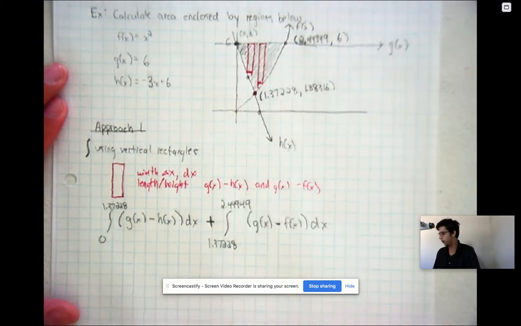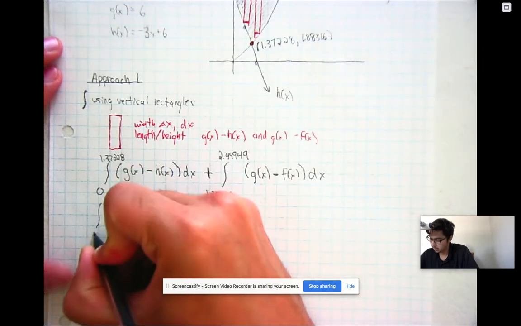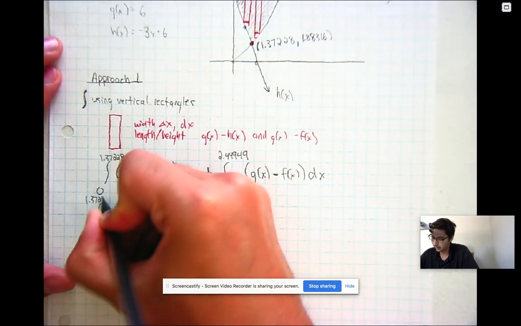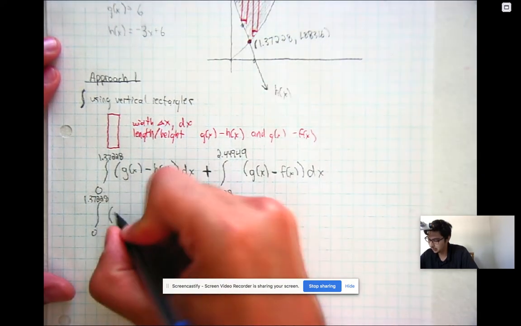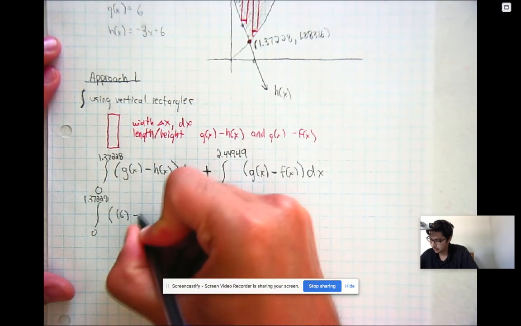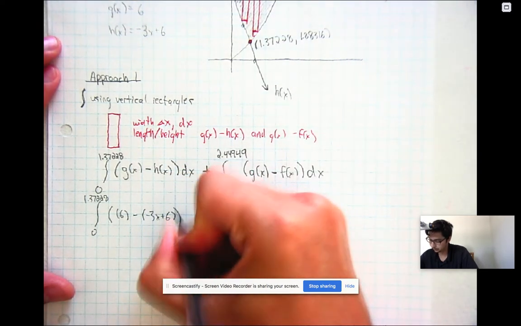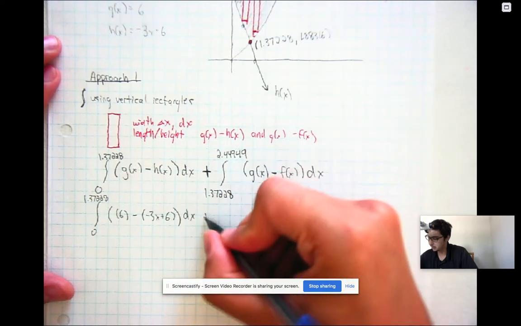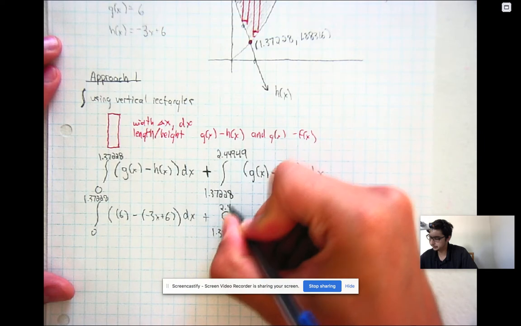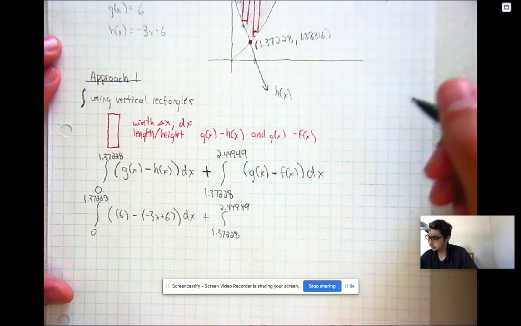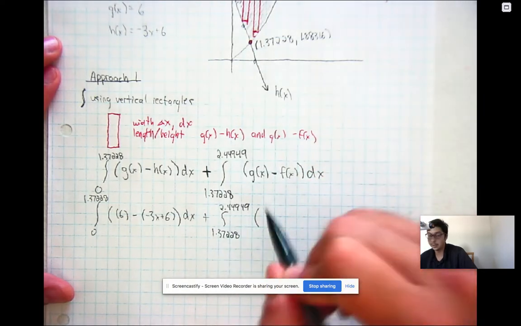Okay, and now we want to put this in our calculator and have it calculate for us. So this is what's going in my calculator. Again, I like to write it out so I know how many parentheses to use. g of x is 6, so it's 6 minus negative 3x plus 6, plus this integral. I was making sure I wrote that right with all the 4s and 9s.